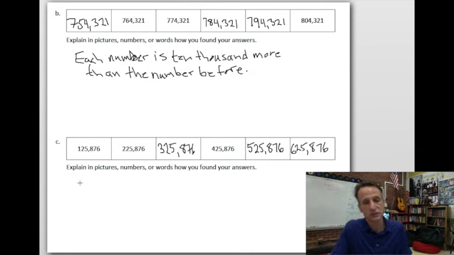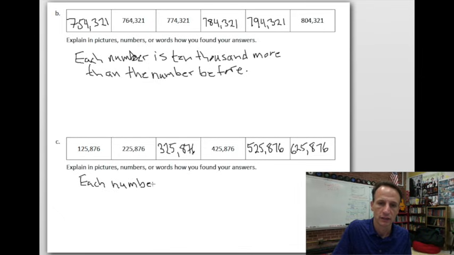And let's go with words again. All right, so each number is what? And we'll actually write greater than this time. Each number is, and we can write this as a number this time instead of out in words, which is just simply easy. 100,000 greater than.